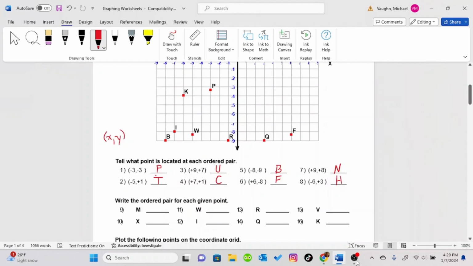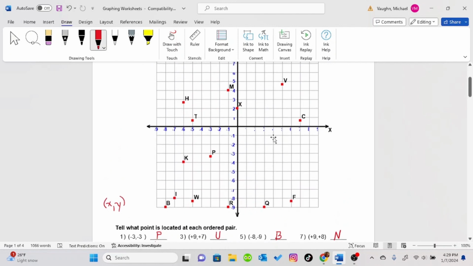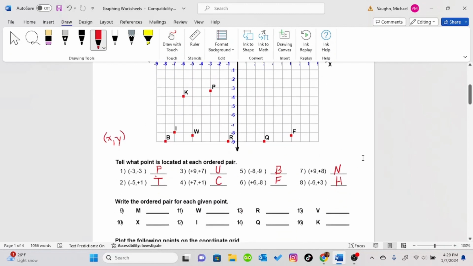In this next portion, they want us to take each letter and then write the corresponding ordered pair for each point. So number 9 wants point M. We can see that that is at x equals -1 and y equals 4.